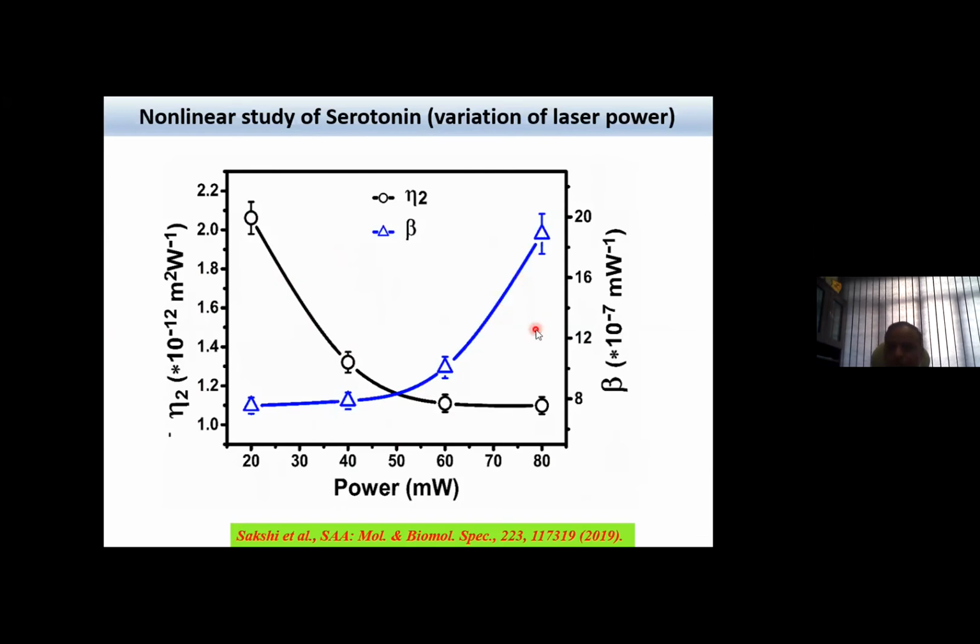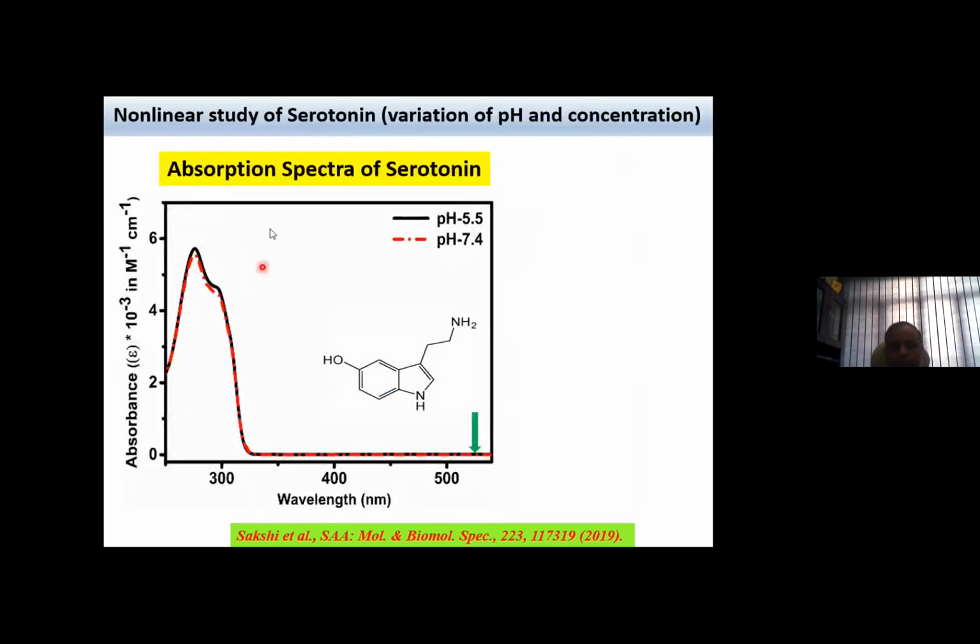This positive value is mostly because of the RSA contribution, and I have to analyze whether it is due to excited state absorption or two-photon absorption. For that, we need to look at the absorption profile of serotonin. As you can see, the resonant absorption falls around 275 nanometer, whereas my excitation wavelength is around 530.